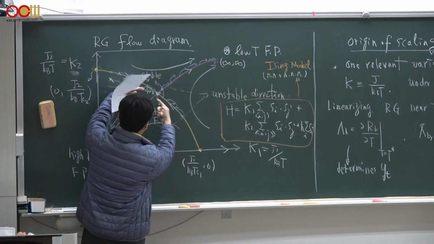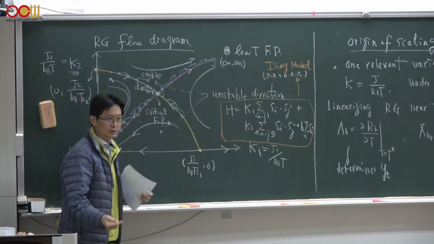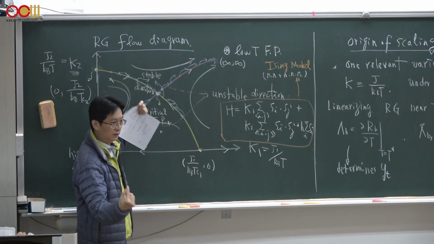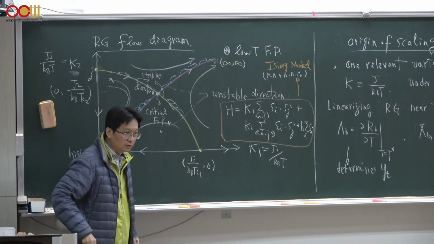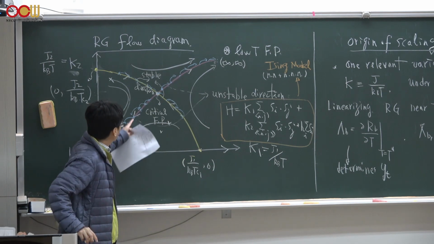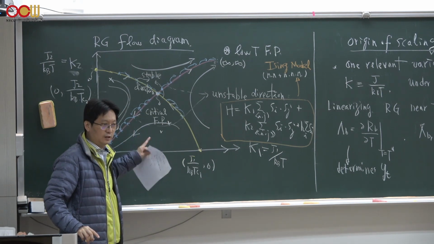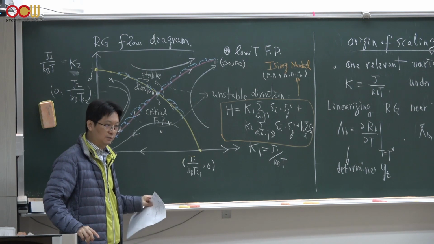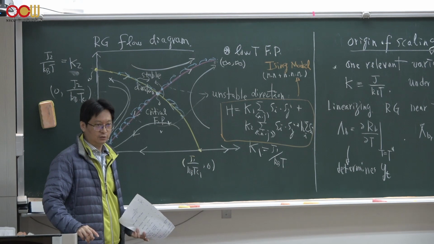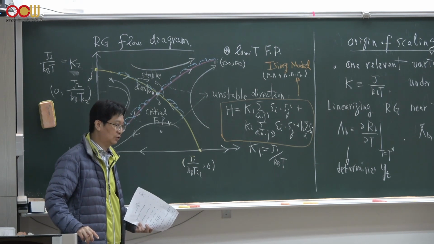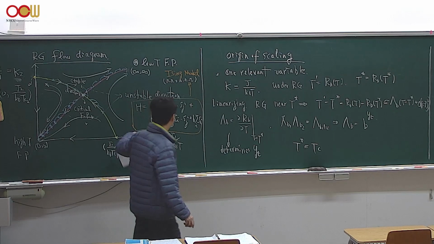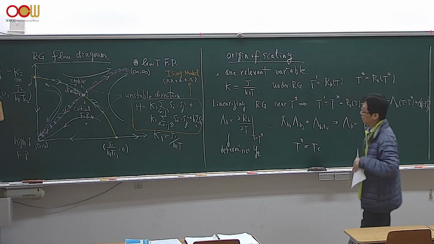However, the yellow curve is the stable direction, where if I come from either side of this critical point along the yellow curve, I will merge to this stable fixed point. So the critical point must have at least two unstable directions. You can have all directions unstable, but you cannot have all stable directions for a critical fixed point. By definition, the critical point is a very fragile, unstable point. So that's the interpretation of the RG flow diagram.